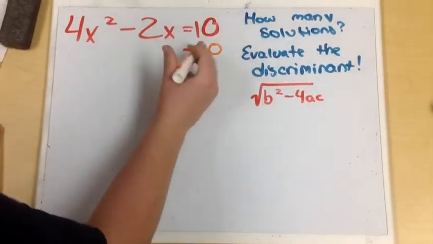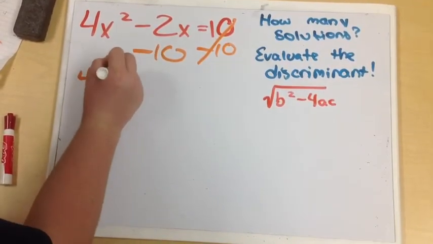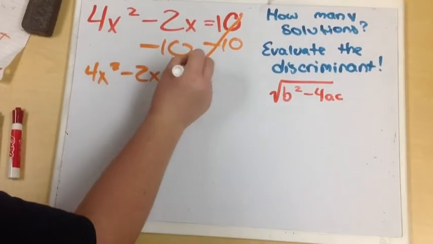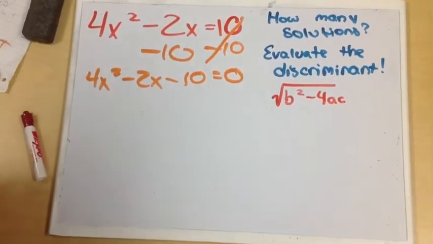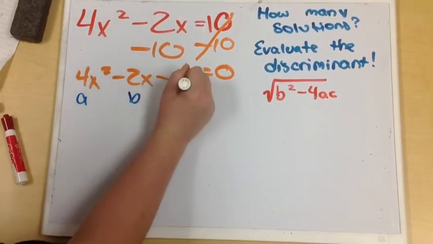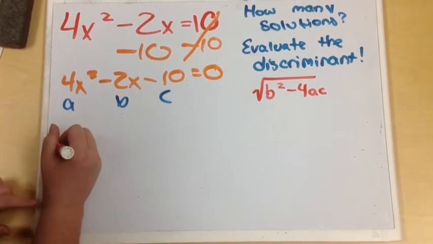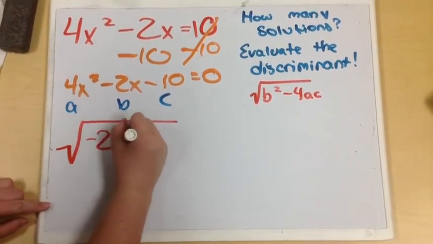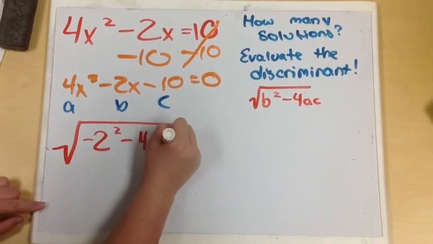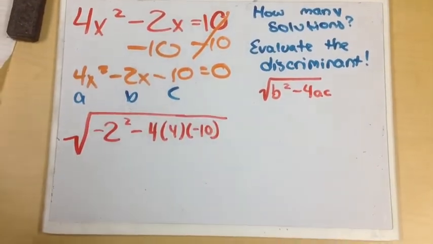Alright, so what do we do if you just want to know how many solutions the problem has? Well, you would evaluate the discriminant. The discriminant is just that part of the quadratic formula that says b squared minus 4ac. So, a is 4, b is negative 2, and c is negative 10. Plug that into the discriminant. And simplify that out further.